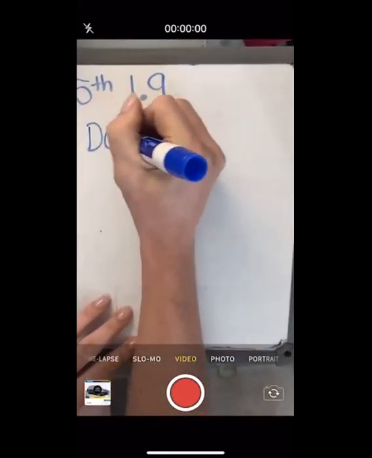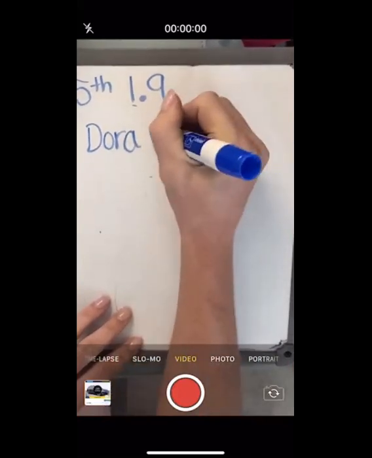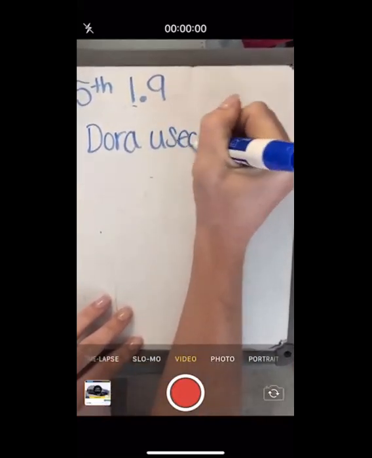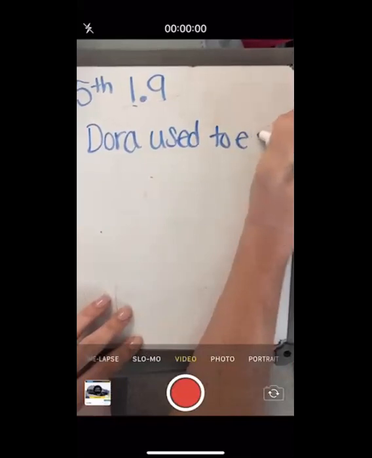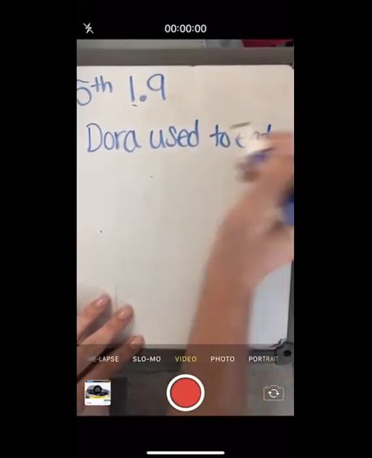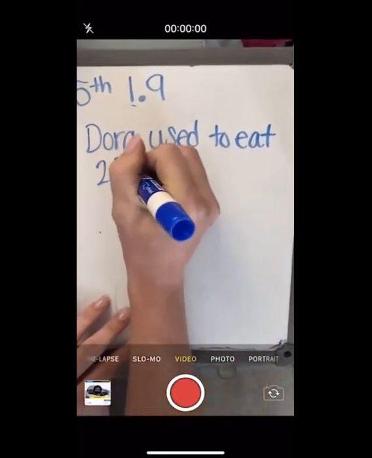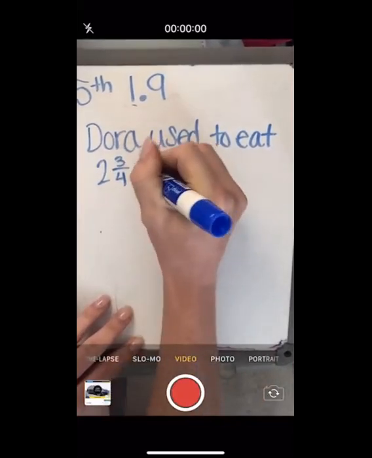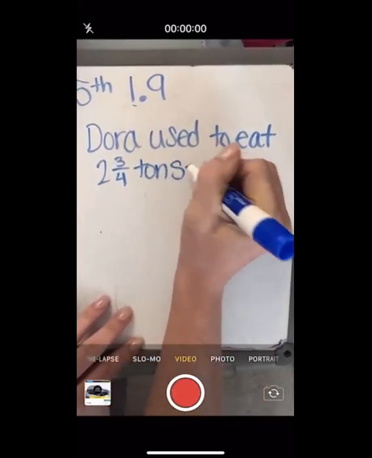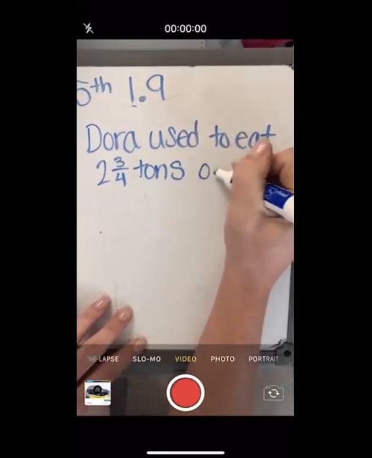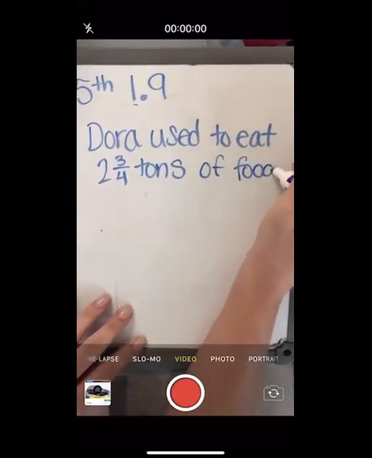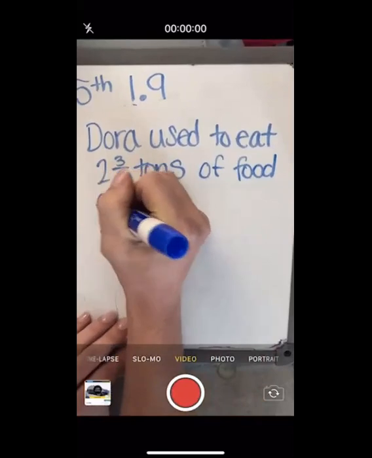Dora, she's an elephant, used to eat 2 3/4 tons, because she's an elephant, she eats a lot of food each month.